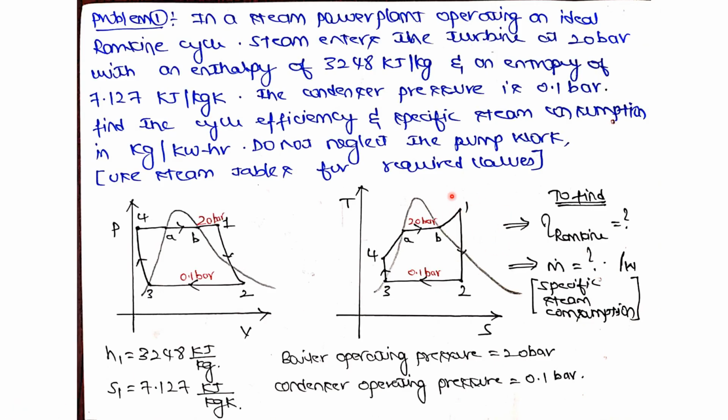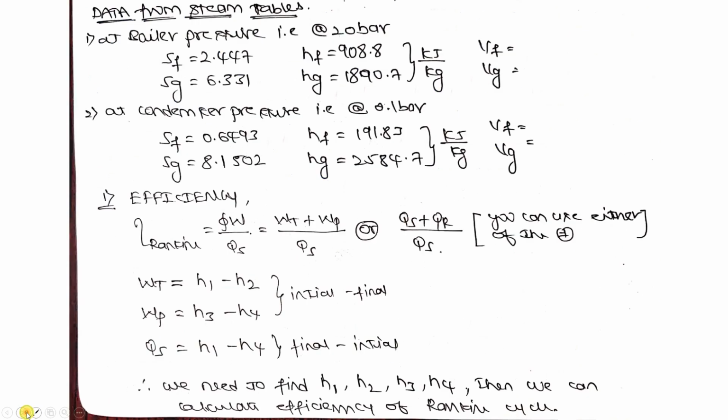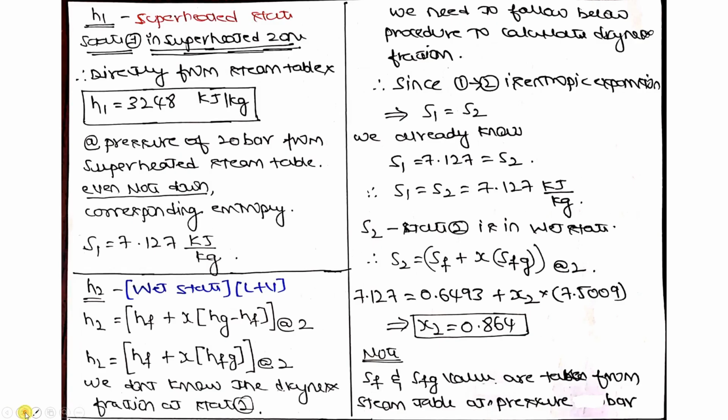So this particular state is in the superheated region. As I discussed, in the superheated region we have two different approaches to calculate your enthalpy. Number one, you can use the formula, or you can directly use the steam tables, which are specifically for the superheated regions. You can directly have the calculated value of H1.